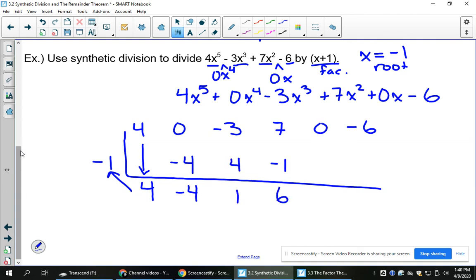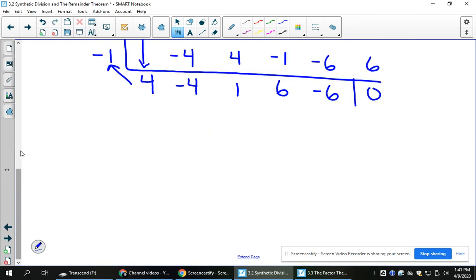You might start to get really fast at this, and end up with a solution that looks like that. Very important that you write your solution.